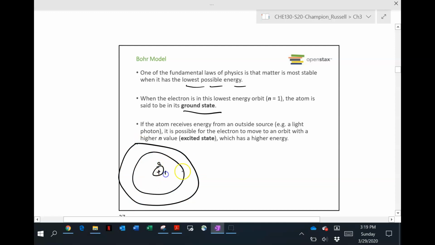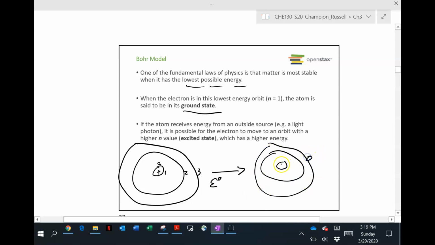Okay, so this is level 1, level 2, level 3. I can put some electrical energy in here, I'll write it like that. That might knock that electron up to level 3, right? So this is the ground state. This is an excited state.